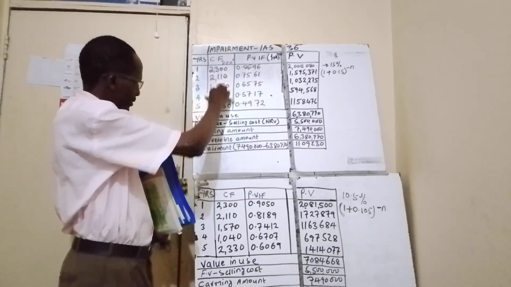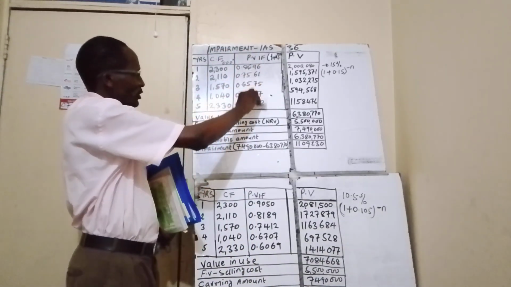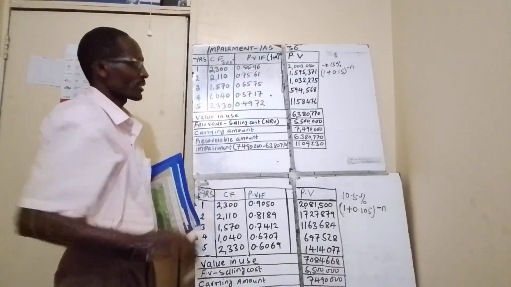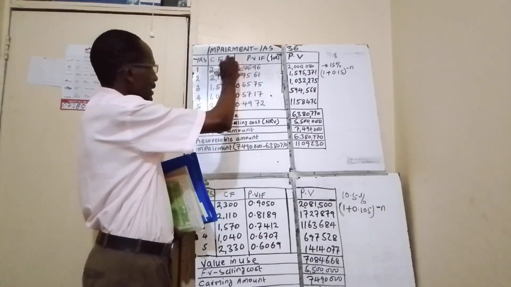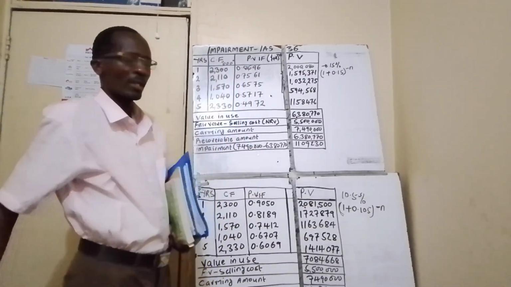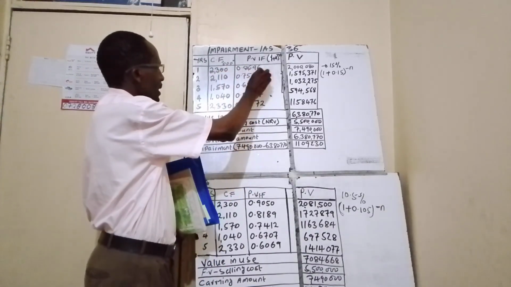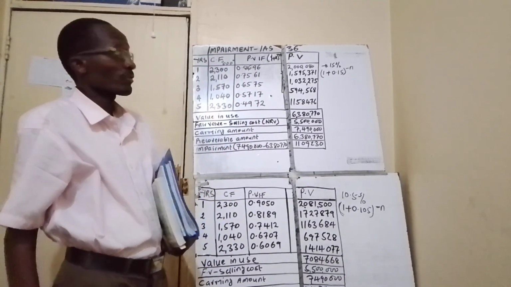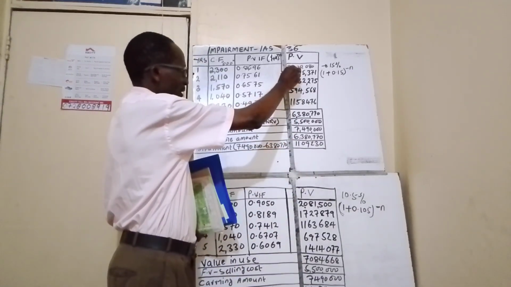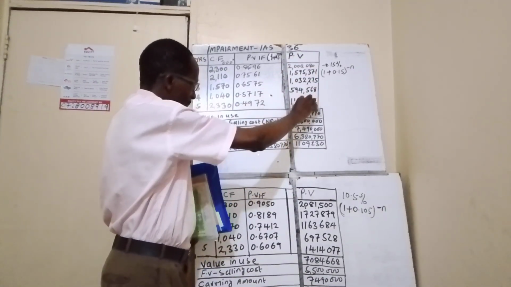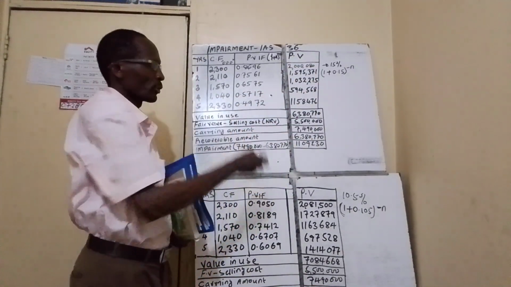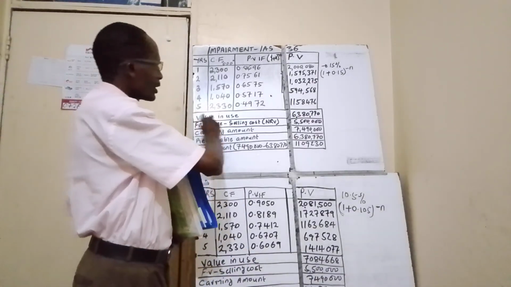So if you are given these cash flows, then you have to establish the present value interest factors for that particular cash flow for each specific year. Then you multiply cash flows by the present value interest factors, and you get the present values. When you sum up these numbers all together, you get what we refer to as value in use.